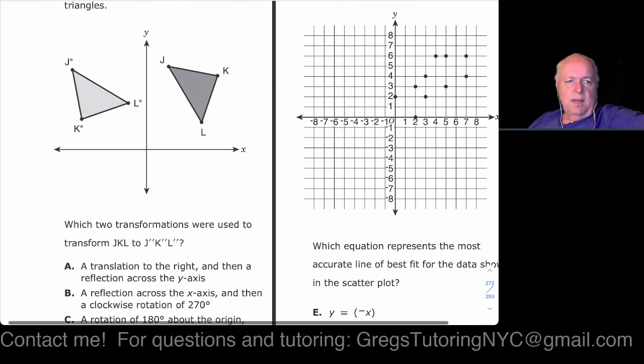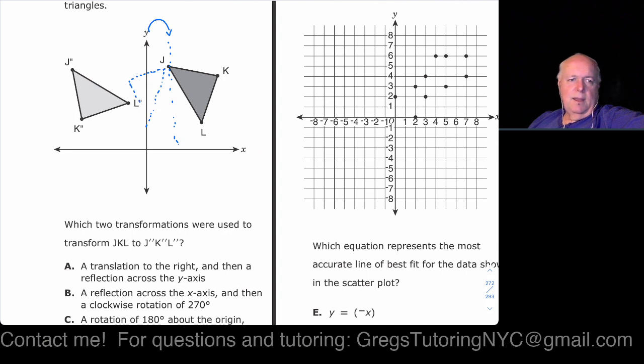So first of all, let's just try to maybe get a visual of this. If I just drew a dotted line here, I'm drawing that so it's parallel to the y-axis. If I was to reflect this image here, I would end up with something like that.